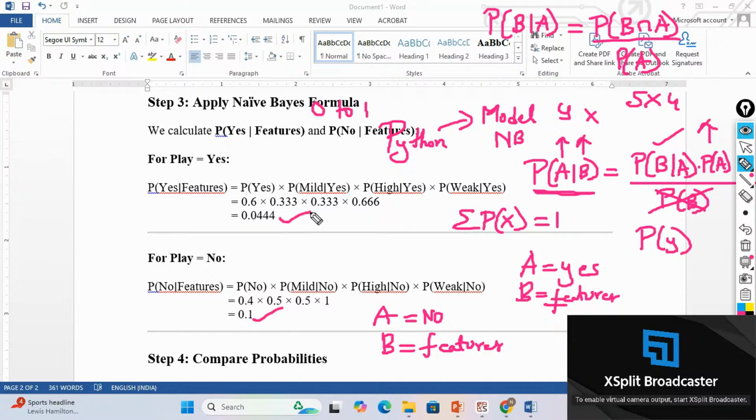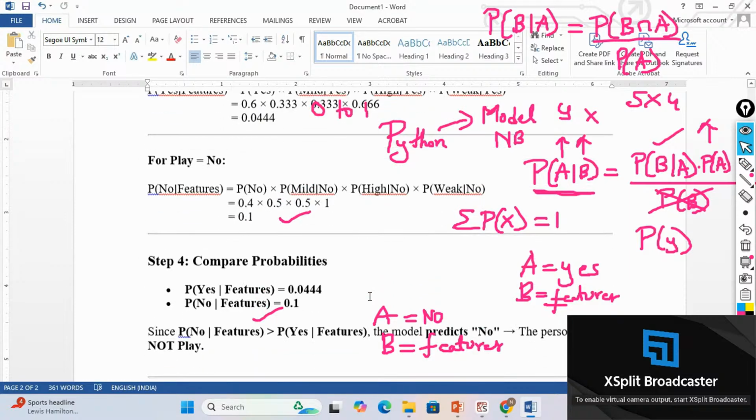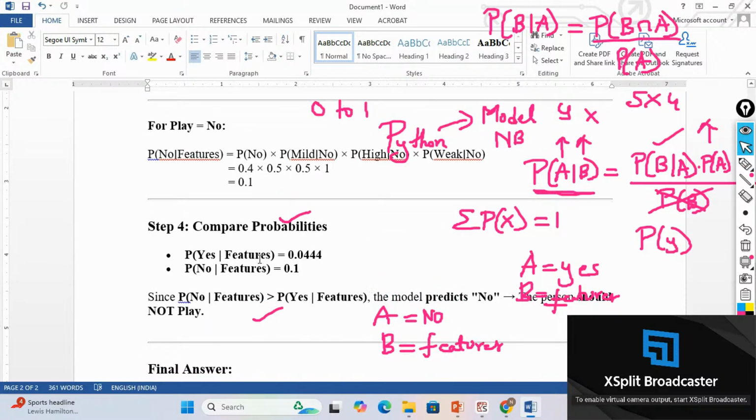Finally, you're supposed to compare the probabilities. This is what we have got: the probability of yes given the features and the probability of no given the features. Out of these two, where do you have the highest probability?